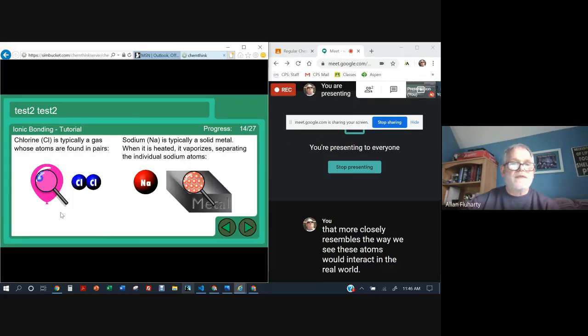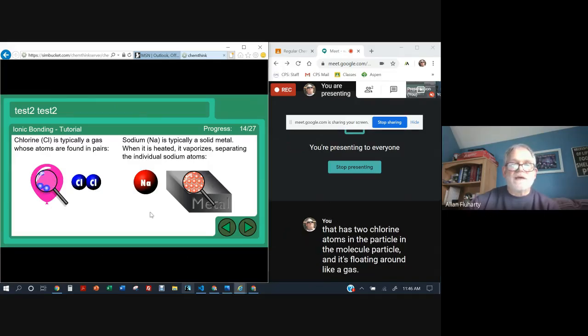So, one thing to notice here is that when we talk about actual substances, for example, on the left we have chlorine gas. Notice how the chlorine is a molecule that has two chlorine atoms in the molecule particle, and it's floating around like a gas.